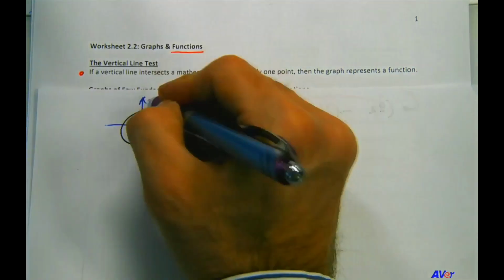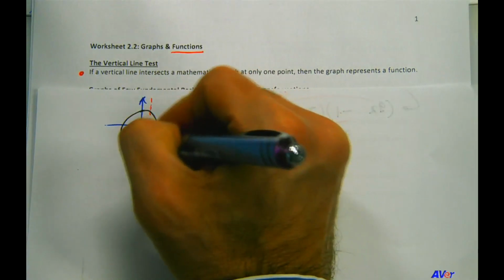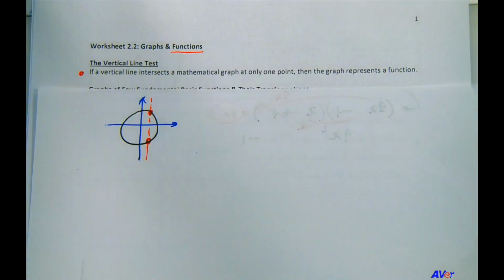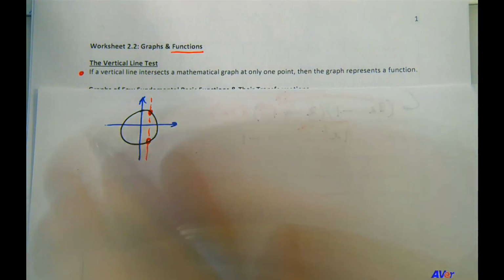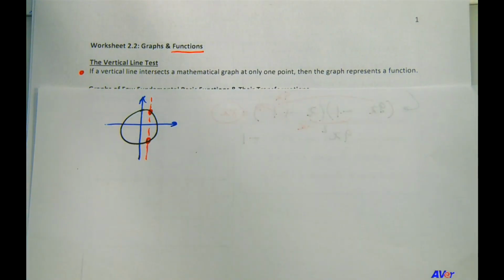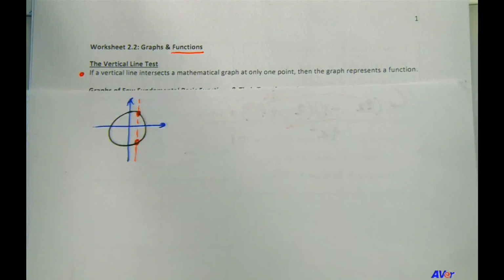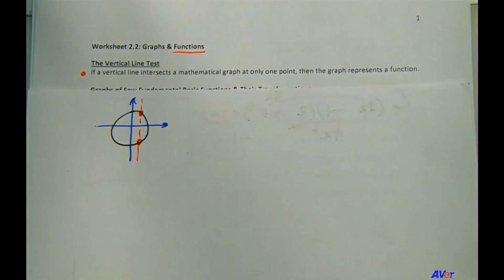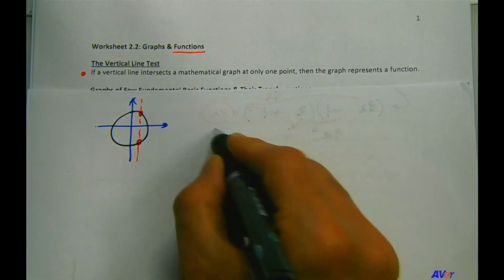Because if you drop a vertical line, it'll intersect it at 2 points, more than 1 point. So a circle is not a function. Another example of a mathematical entity that is not a function is an ellipse.